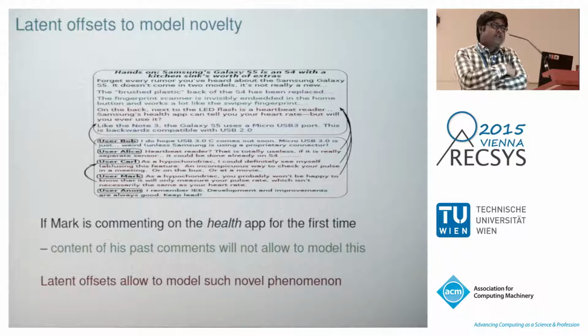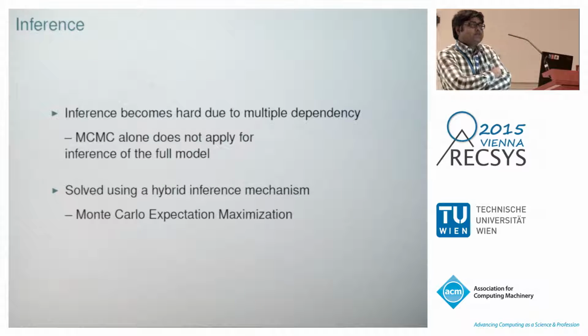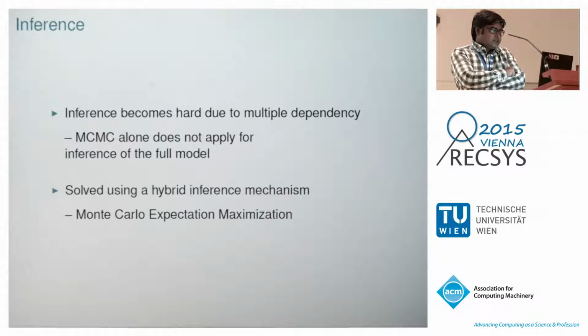We incorporate the latent offsets concept into this topic modeling to handle this situation. Because of this, all the dependent parts become hard for inference, and MCMC does not apply directly. We need to work out a hybrid inference mechanism based on MCMC and expectation maximization.